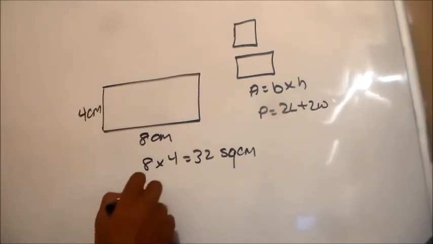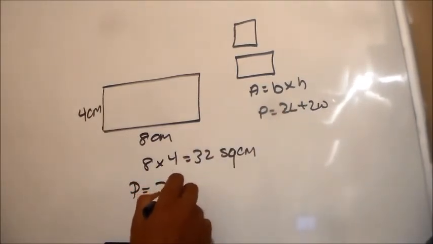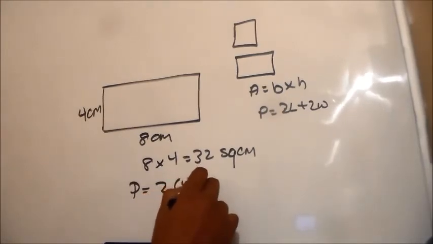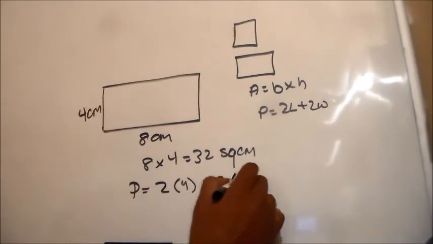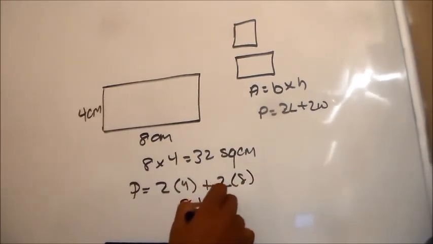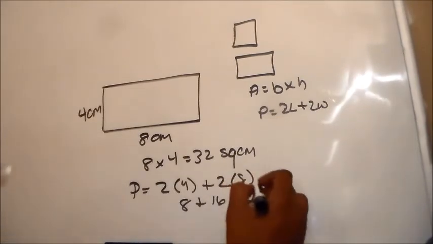Perimeter is going to equal 2L, 2 times 4, plus 2W, we'll call it width 8, 2 times 8. 8 plus 16 equals 24 centimeters.